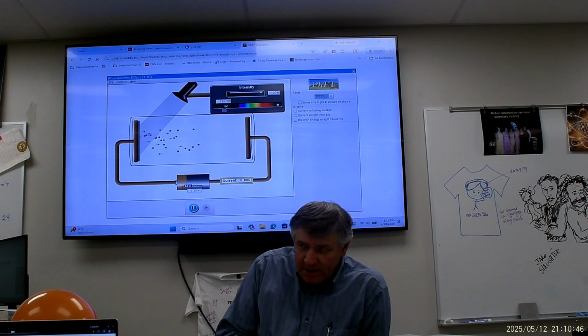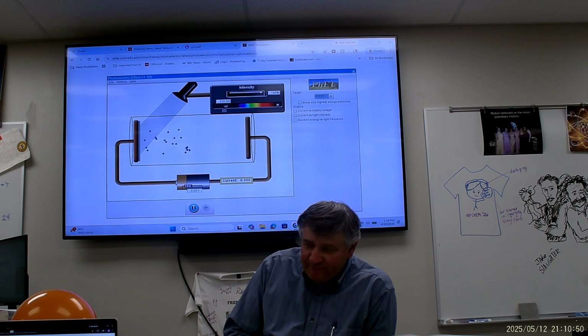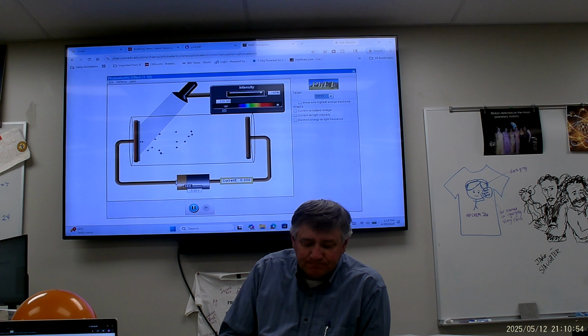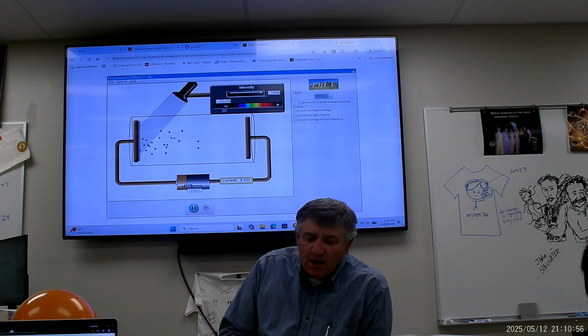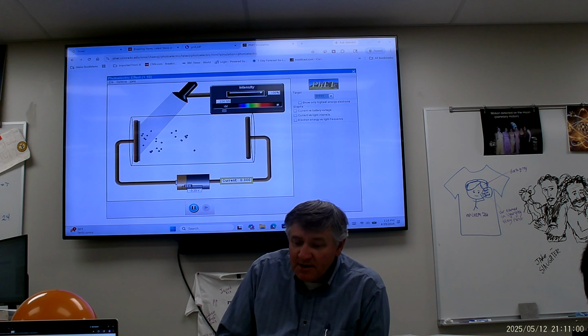Now, when you get to 23, this is where we're going to go back and look at electric fields and forces and accelerations, and we're going to go old school. So, when you get to 23, you're going to have the voltage. Then you're going to determine the force on an electron and its acceleration, assuming the distance across the plates is exactly 1 meter.